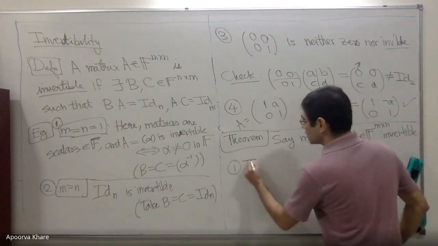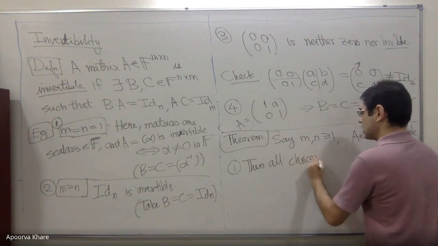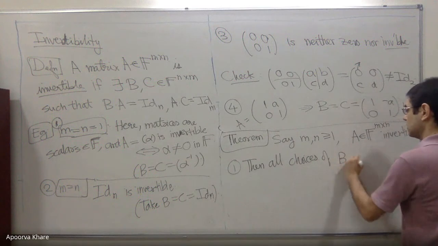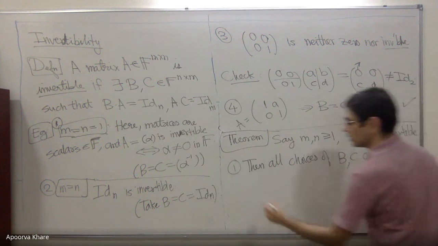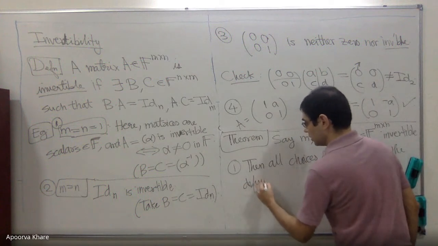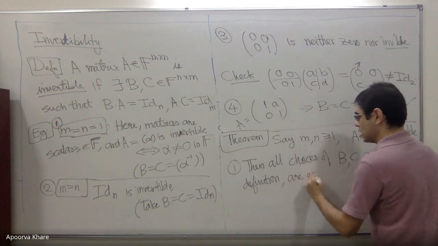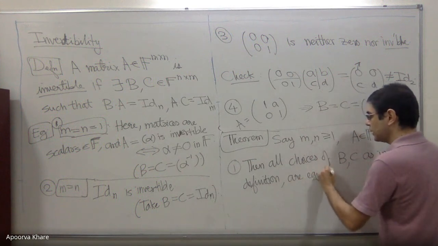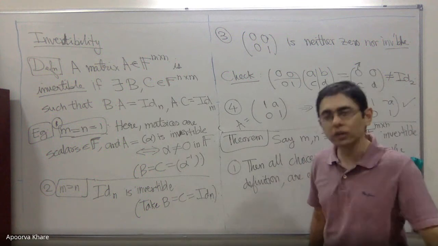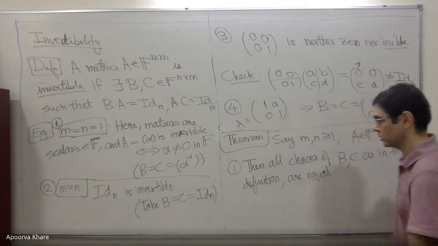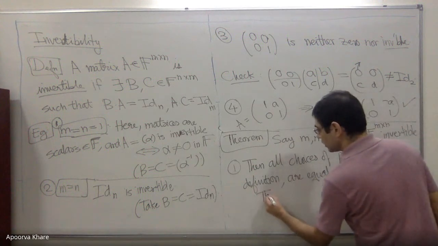Then all choices of B and C as in the definition are equal. It's not just that all the B's are equal and then all the C's are equal to some different matrix. No, they're all equal to one common matrix. This common matrix is called the inverse.